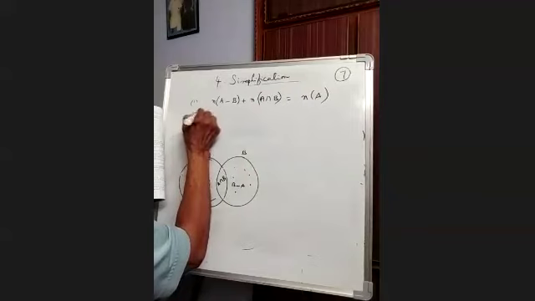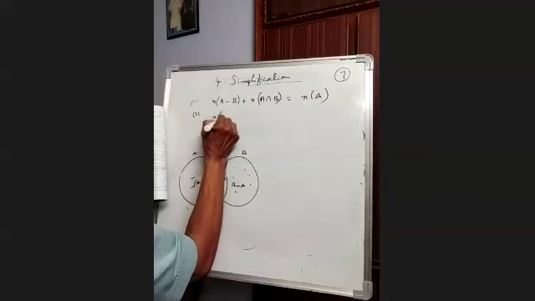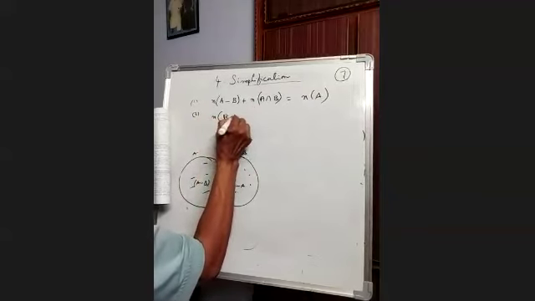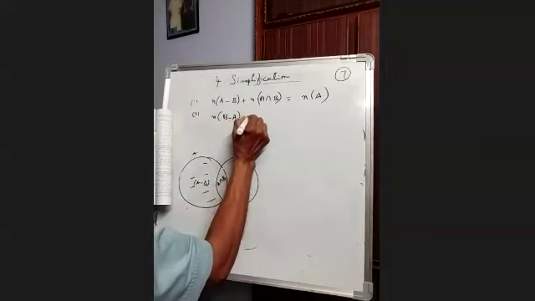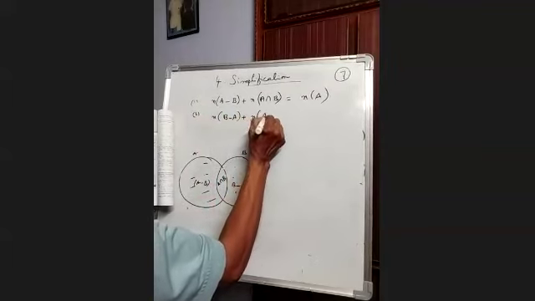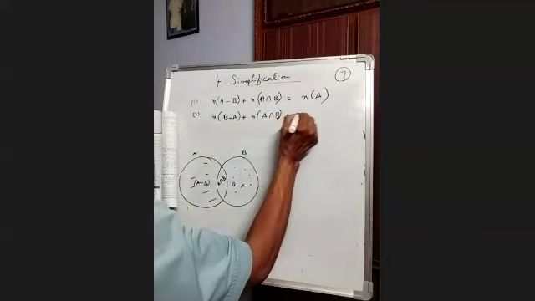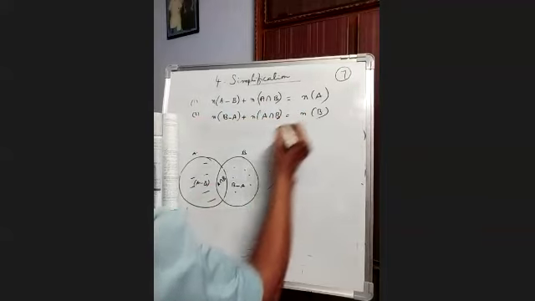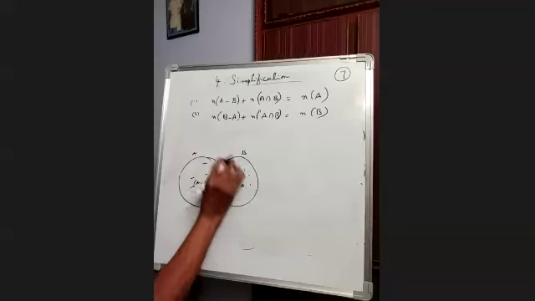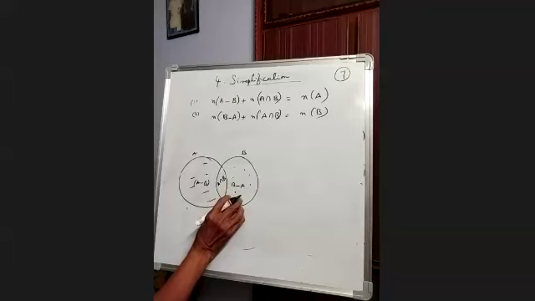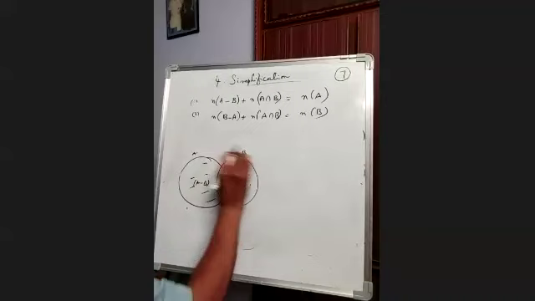Second one: n(B minus A) plus n(A intersection B) gives n(B). Similarly, B minus A, that portion, plus A intersection B gives B.